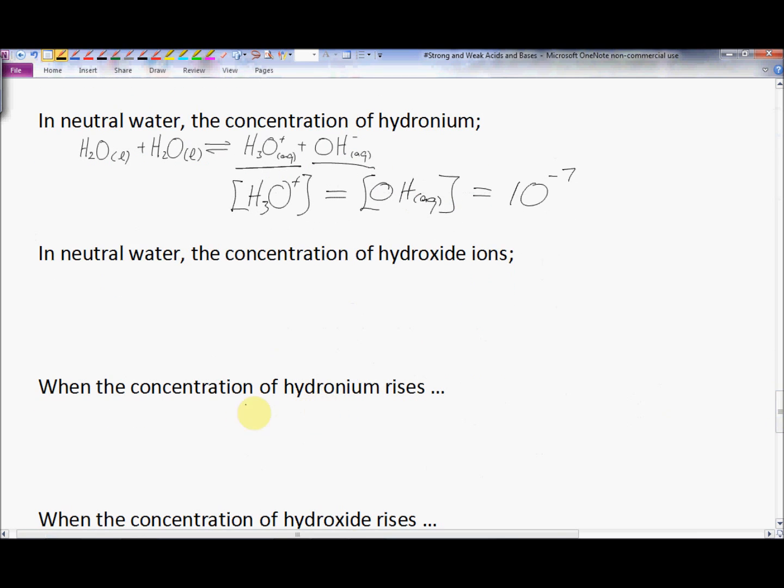When the concentration of hydronium rises, we end up with water plus water giving a large concentration of hydronium and a lower concentration of hydroxide. When you raise the concentration of hydronium, it will react with some of the hydroxides and move more of the products into the reactants, but generally you'll have an abundance of hydronium and you'll end up with an acidic solution.